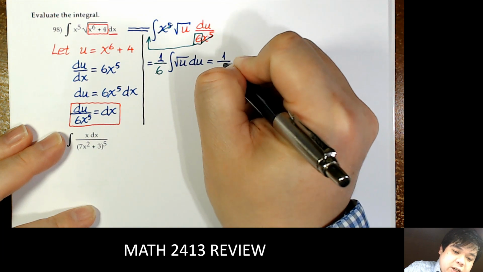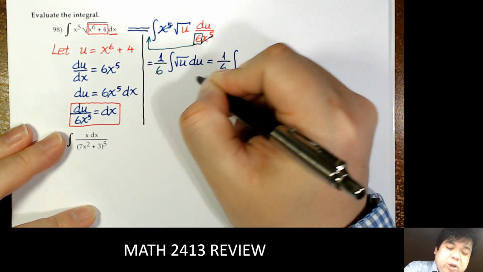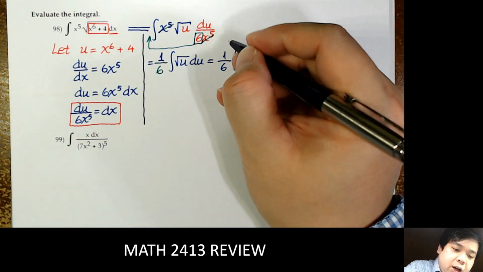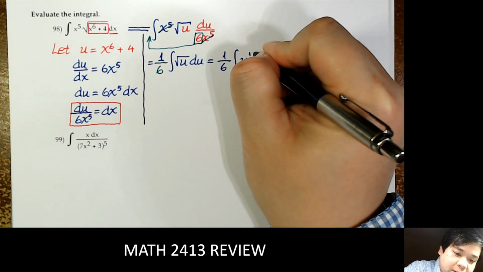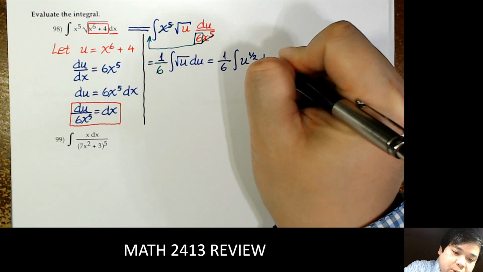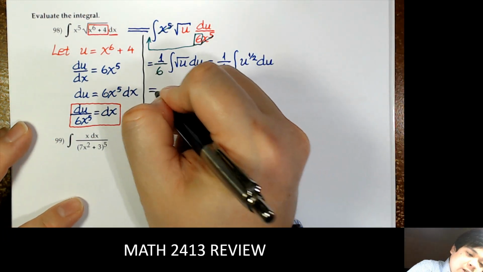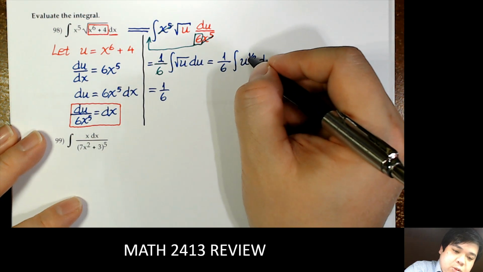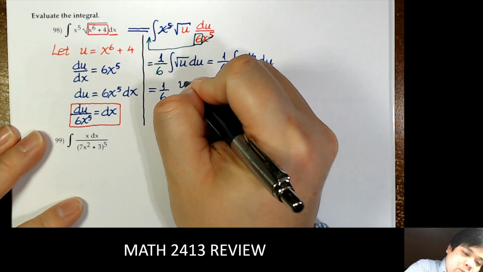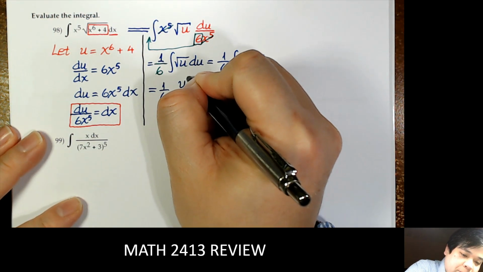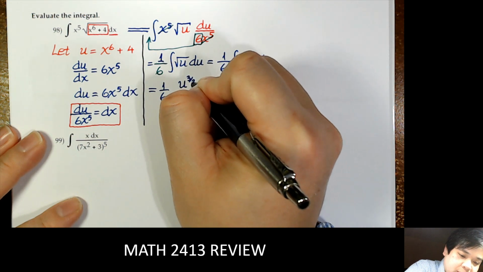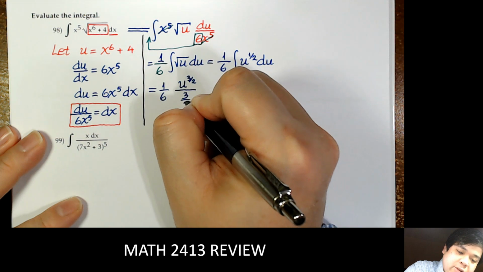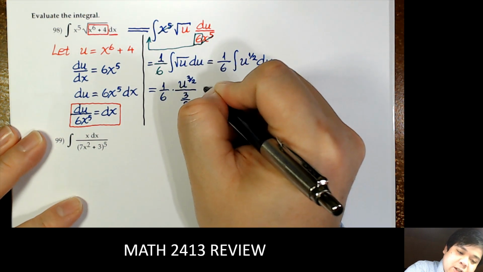So 1 over 6. To integrate square root of u, I will write u to the 1/2 du, and applying the power rule for u to the 1/2, increase the power by 1. 1/2 plus 1 is 3/2, and then divide by the same thing, 3/2, plus c.